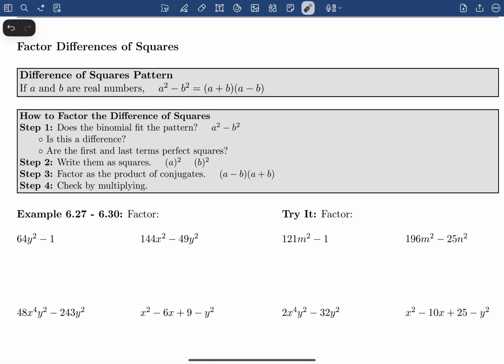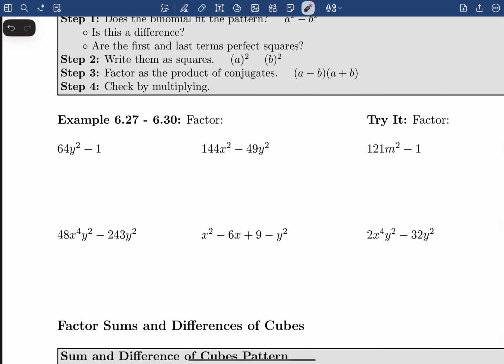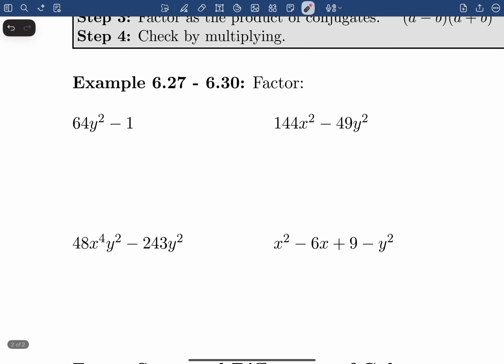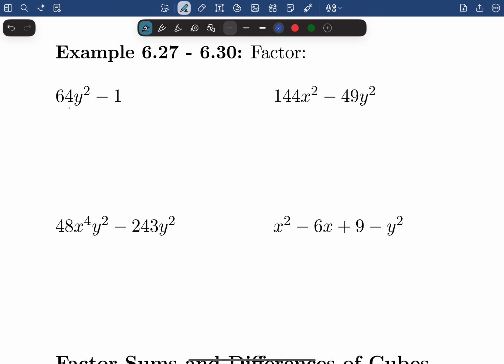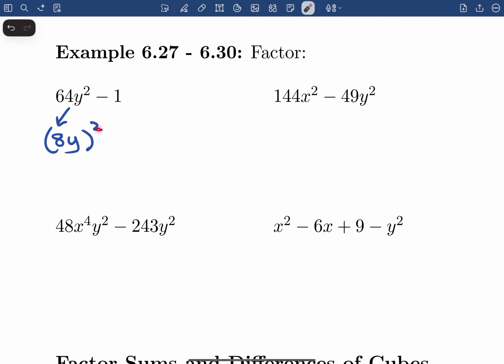Okay, so let's jump into this. Let's look at examples 6.27 through 6.30. Now, when I see 64y squared minus 1, my brain immediately says, well, this is 8y squared, because 8 squared is 64 and y squared is y squared.